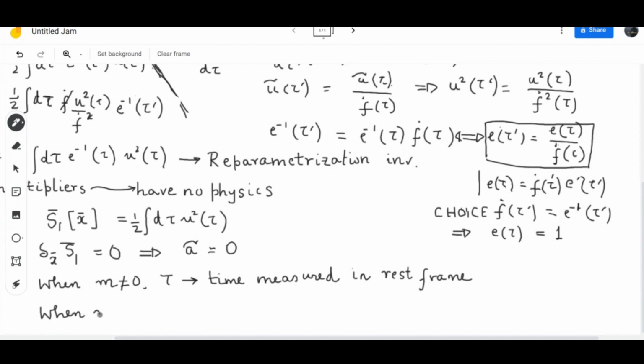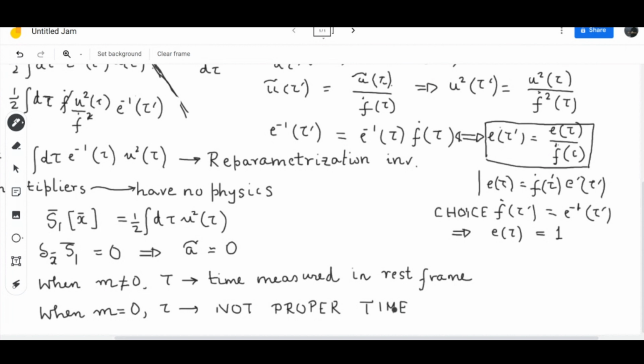In the massless case, when m equal to 0, tau is not proper time. What is it? It is any parameter. But I cannot talk about time in the massless case. This is something we had discussed in class.